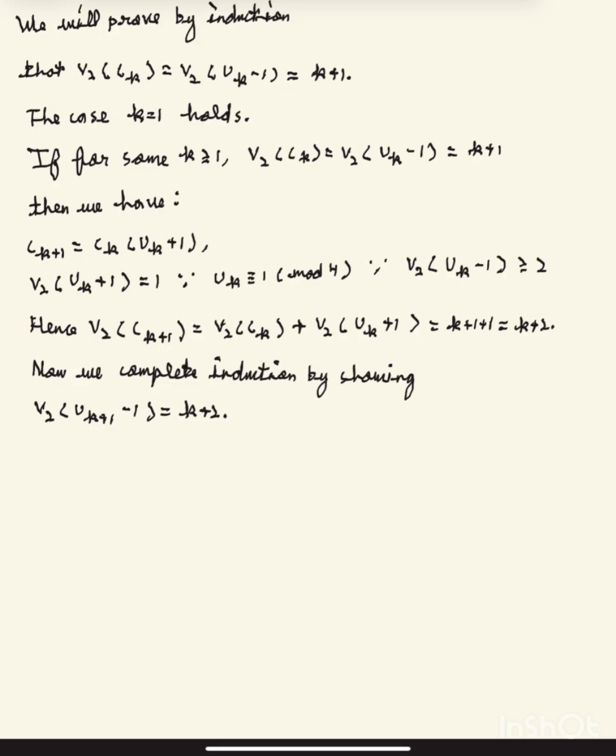So first we are going to write u_k as the product from j equals 0 to m minus 1 of a_j, and u_{k+1} is equal to the product from j equals 0 to 2m minus 1 of (2 b_{2m+j} b_j plus 1).